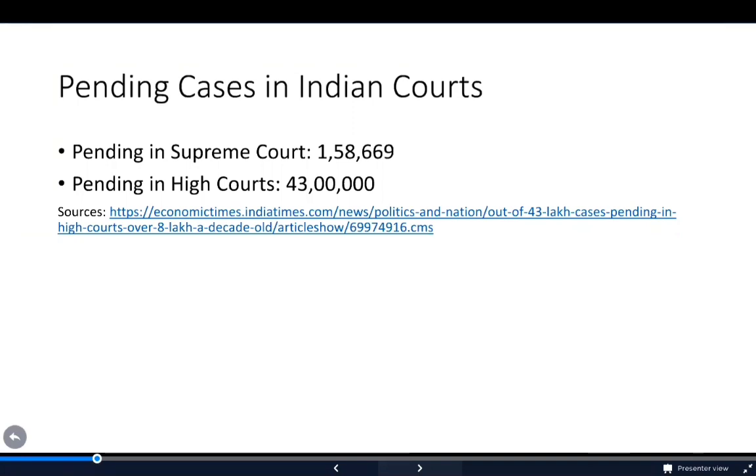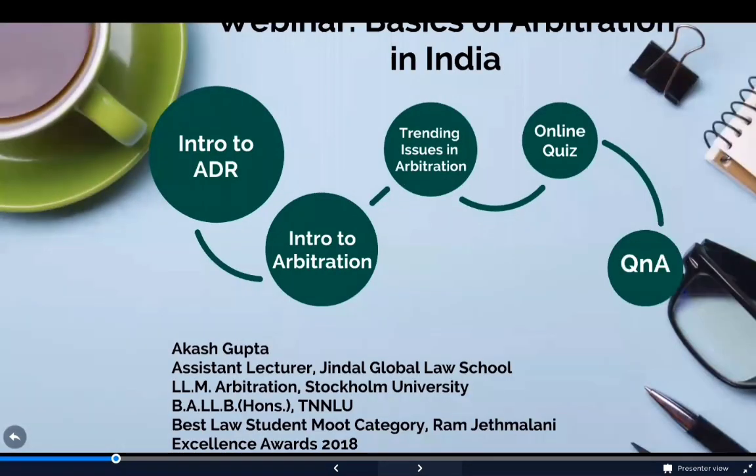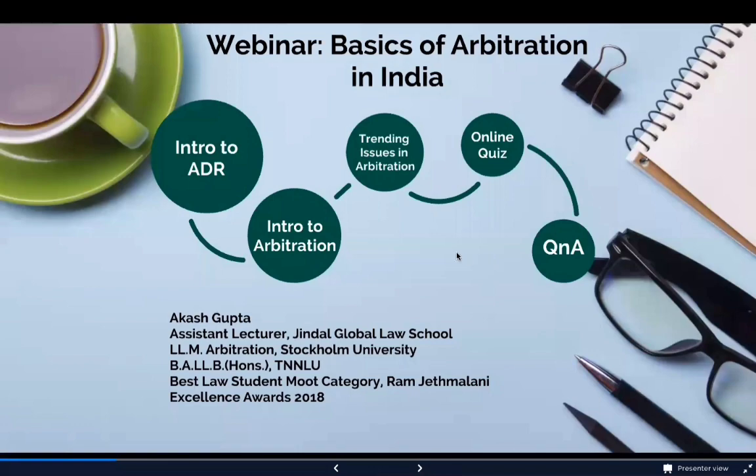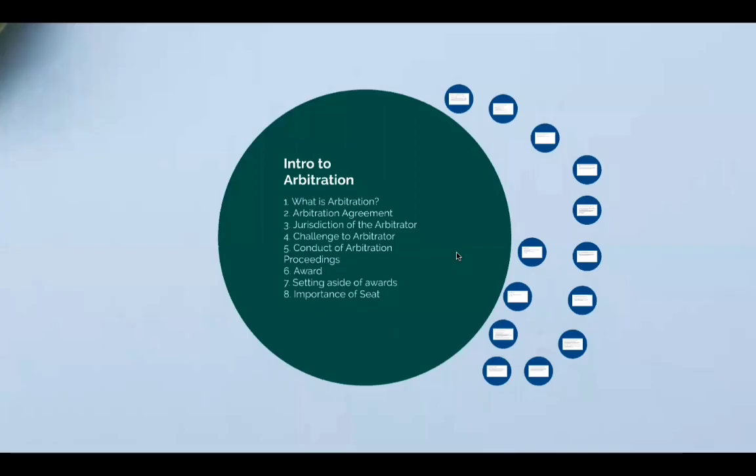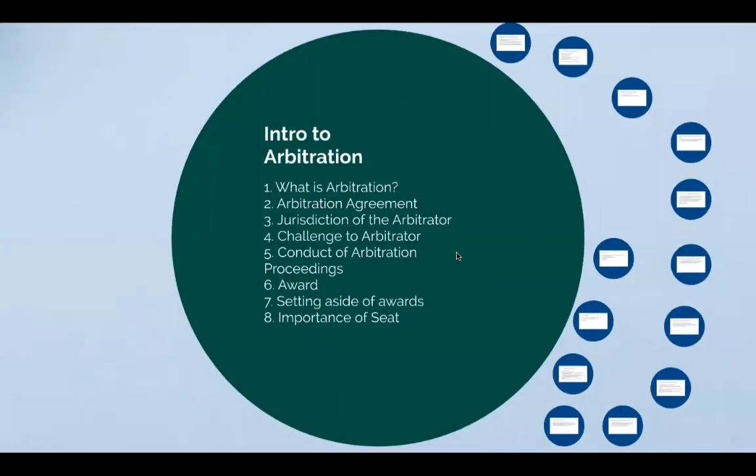That's why people are moving to arbitration now, and that's why we need to know what arbitration is and how it works in reality. So that's the first part, the introduction to ADR. Let's move to the next part, the introduction to arbitration.